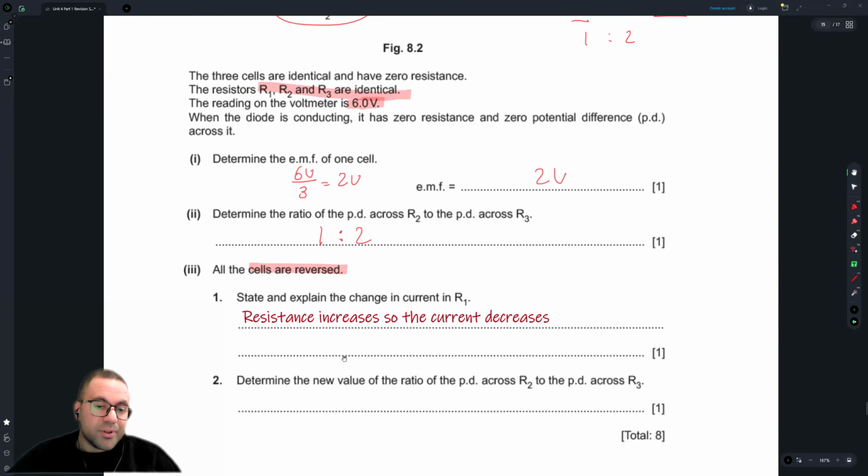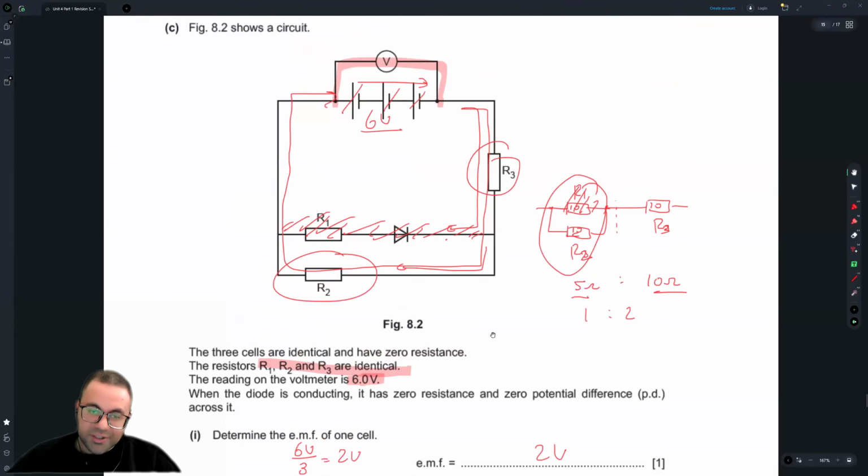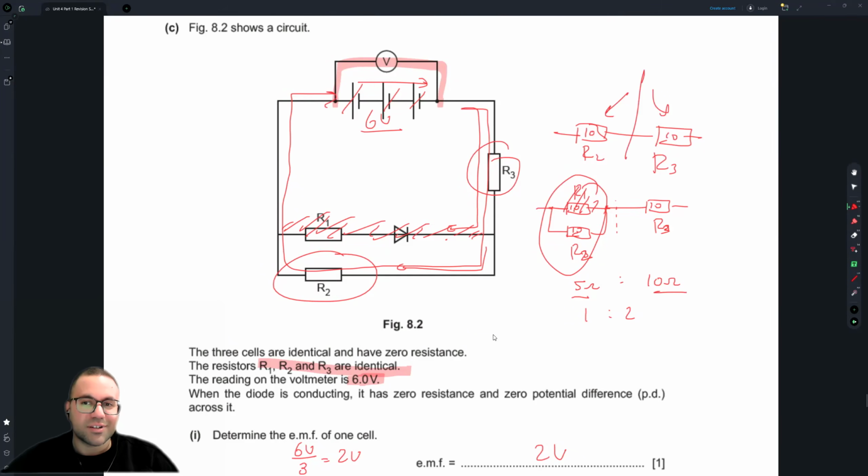Then finally determine the new ratio of the voltage of R2 to R3. Now this one should be easy. If you only have R2 and R3 in series, and they're both the same resistance, the voltage will be split what? Equally.